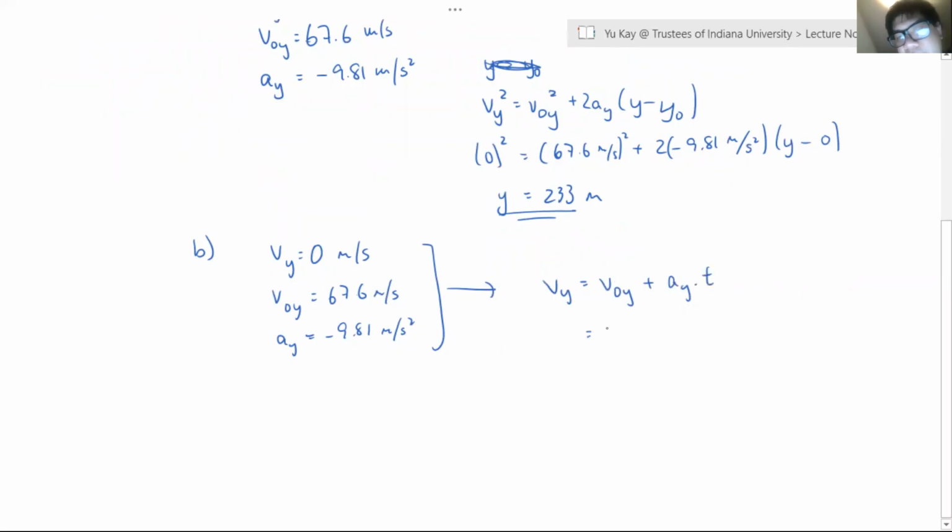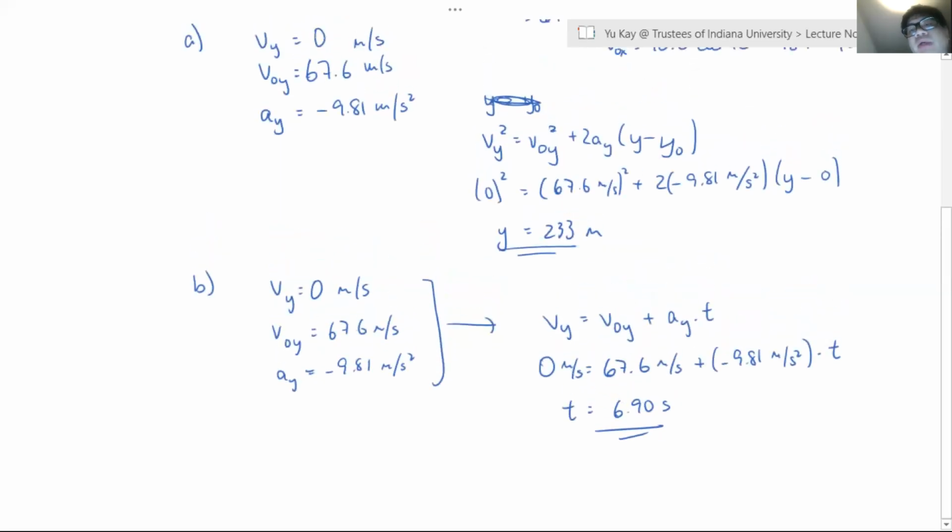So 0 meters per second equals 67.6 meters per second plus minus 9.81 meters per second squared times t. If I solve for this, I find that t is 6.90 seconds.